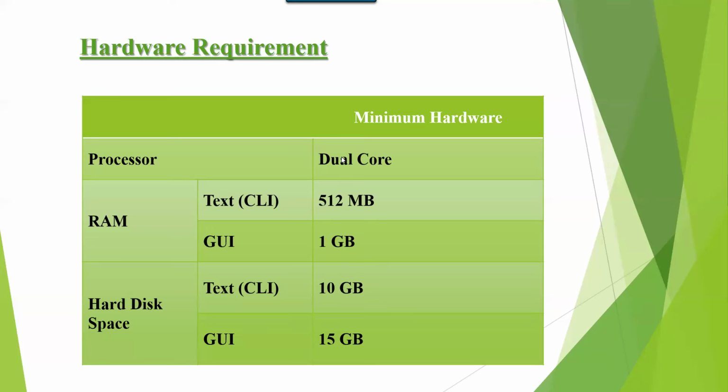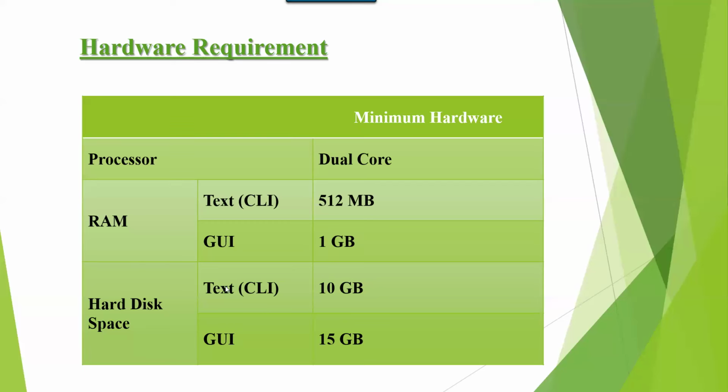And coming to the topic, hardware requirement. This is the minimum hardware requirement in order to install Linux. For command line interface only, 512 MB RAM is sufficient. If you also require a graphical user interface, you need up to 1 GB. For hard disk space, you need 10 GB if you are using command line interface.